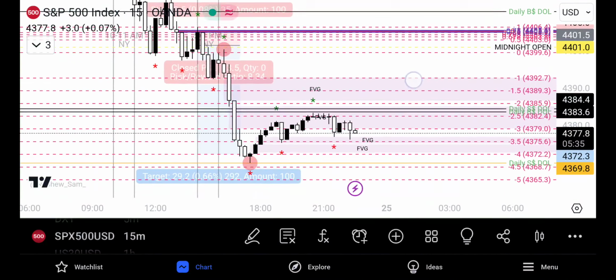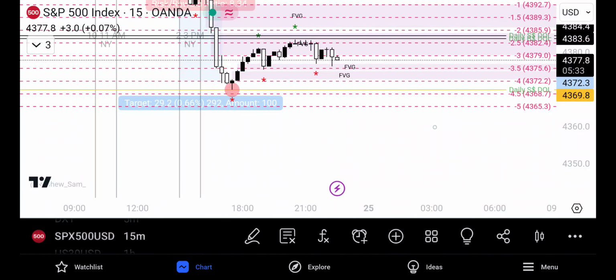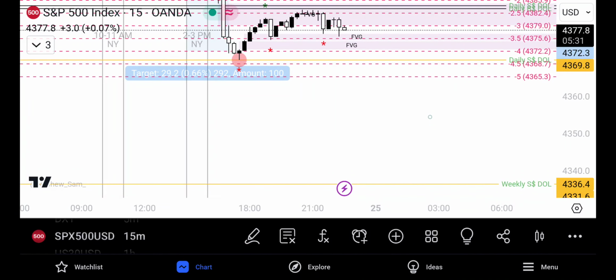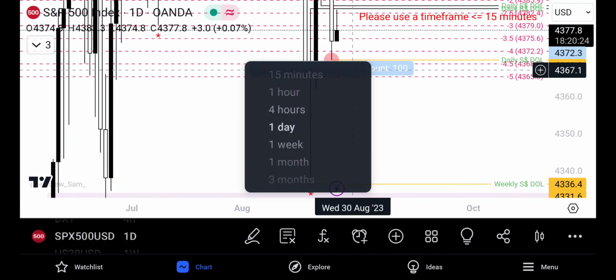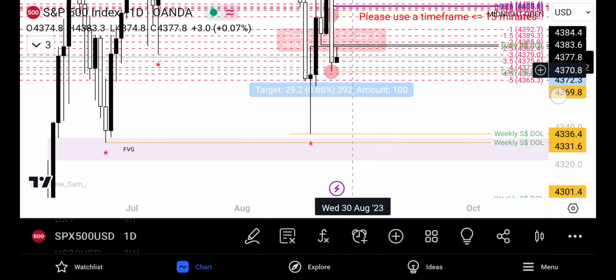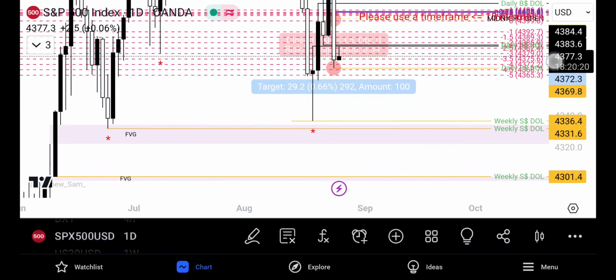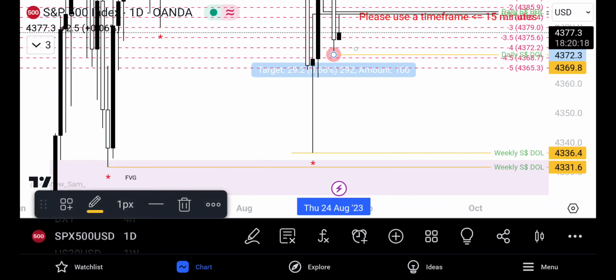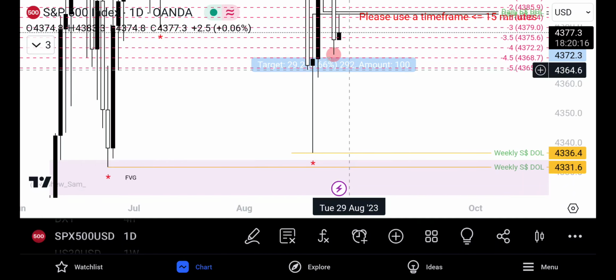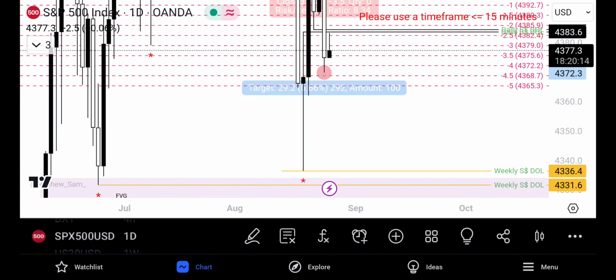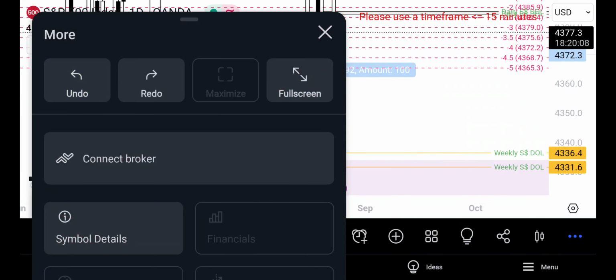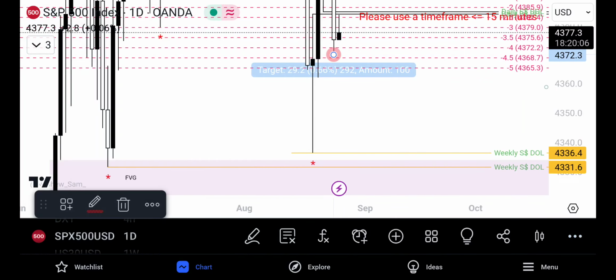So I will get up at London and look for another silver bullet setup, targeting Thursday's low. What did I just do? Okay.